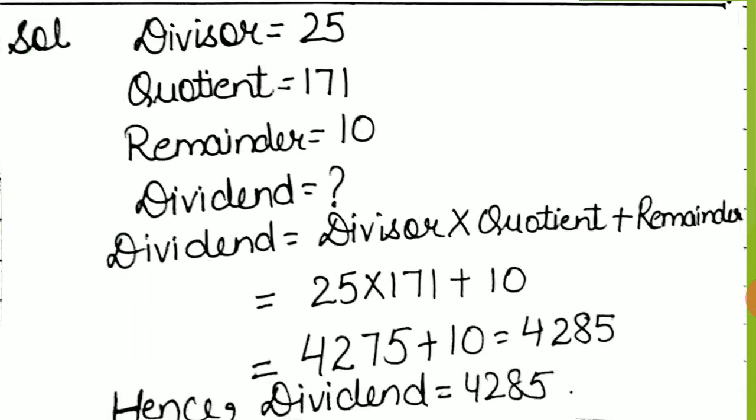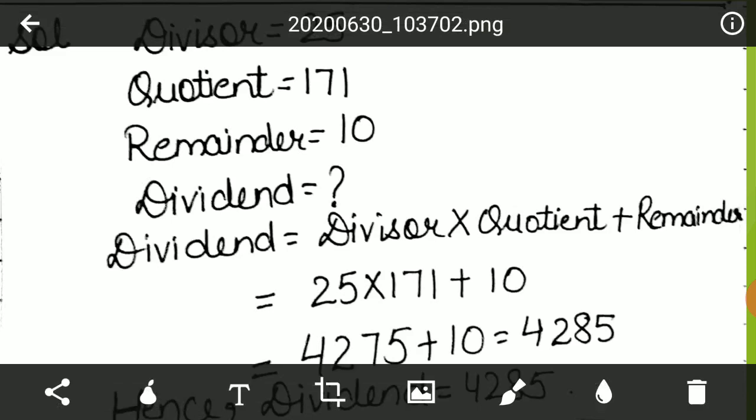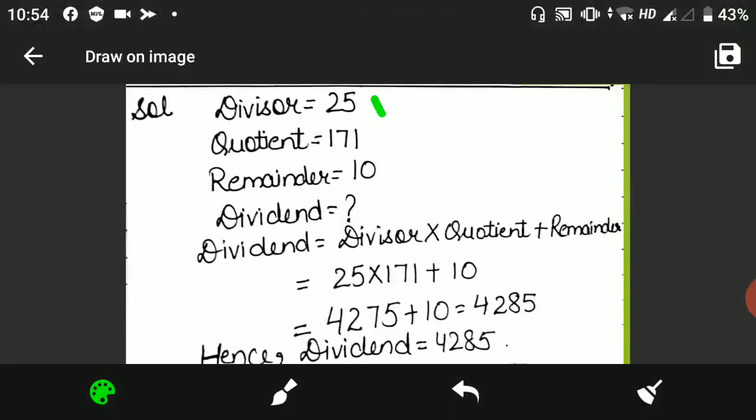Divisor is 25. Quotient is 171. Remainder is 10 and the dividend you have to find. For finding the dividend you have to write the formula of dividend. Dividend is equal to divisor into quotient plus remainder. Now you have to put the values in it. Divisor is 25, so I have written here 25. Multiply, quotient is 171, I have written here 171 plus 10.